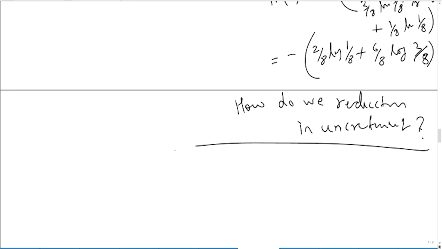This is actually given by a measure called KL divergence. I am not going to go too deep into all these measures because we are not going to use precisely these metrics, but they are important for understanding where we are going. So, the metric we can use to measure reduction in uncertainty is KL divergence.